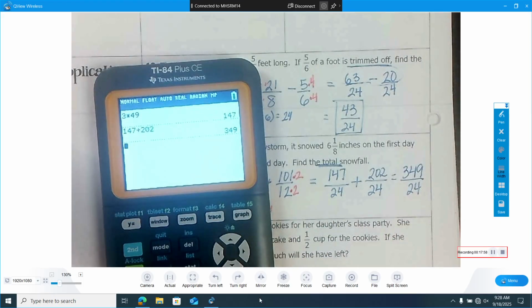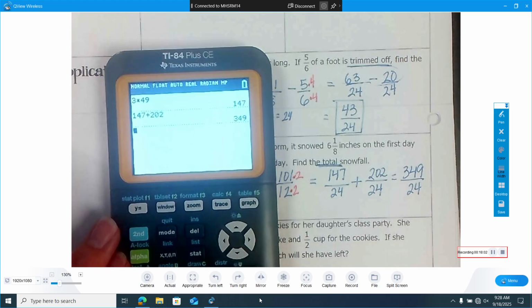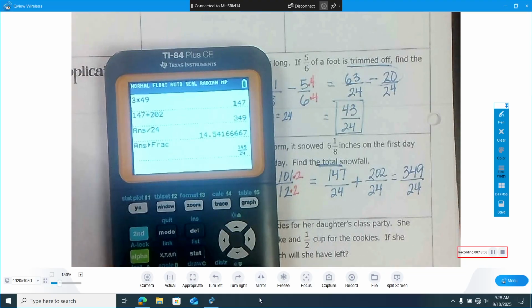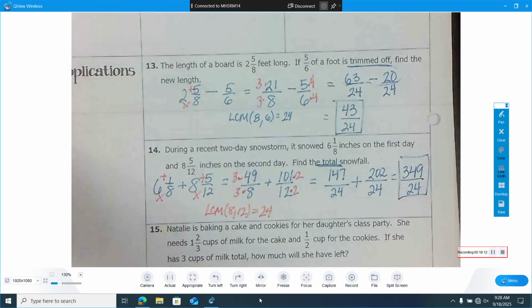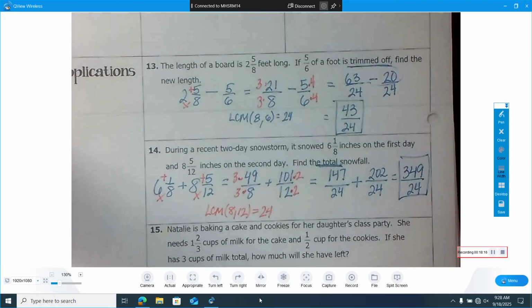Do you know if that's reduced or not? I don't know. What can we do? We can divide by 24, get a crazy decimal, and math frac it. Hey, it is fully reduced. Okay? So don't forget about math frac. That can be pretty helpful.